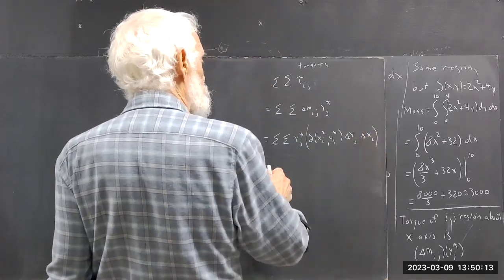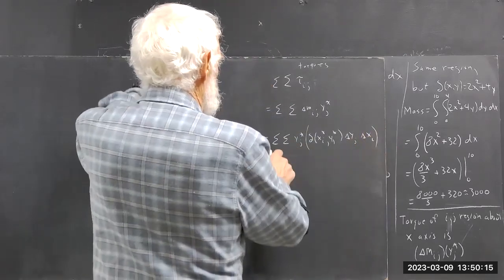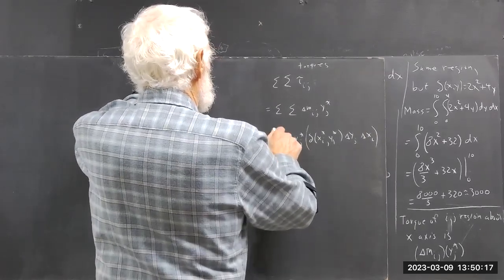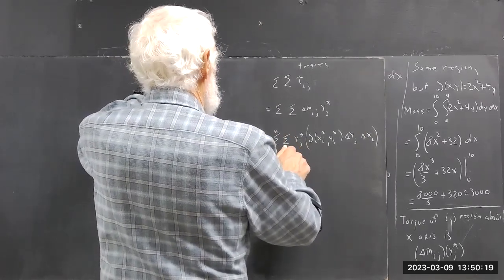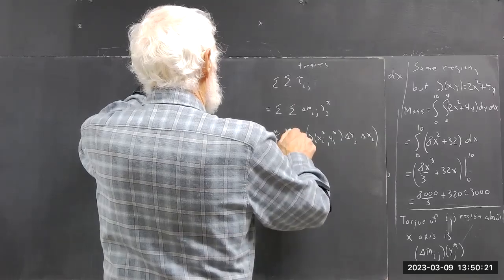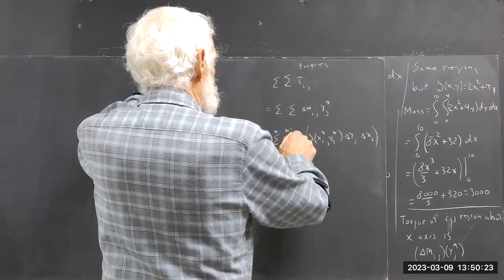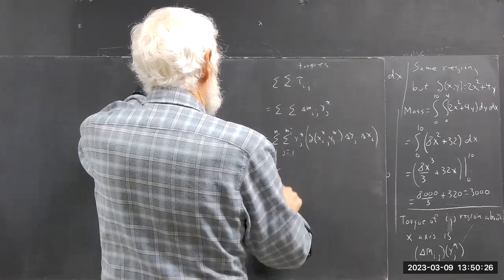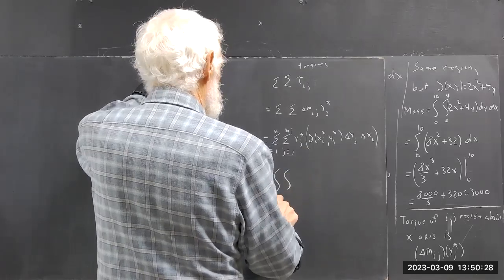Same expressions we got before. Now fill in the sum: i equals 1 to m, and j equals 1 to n sub i. This approaches the integral.